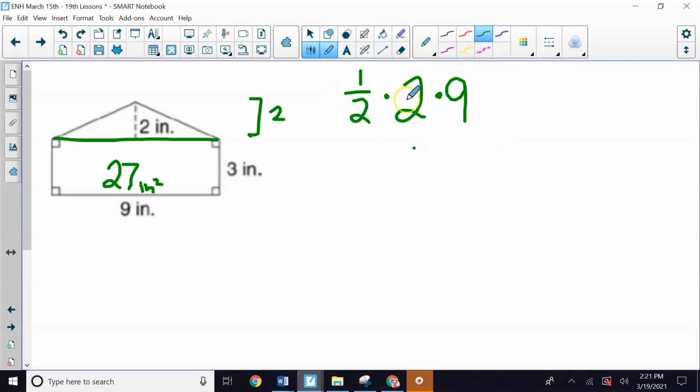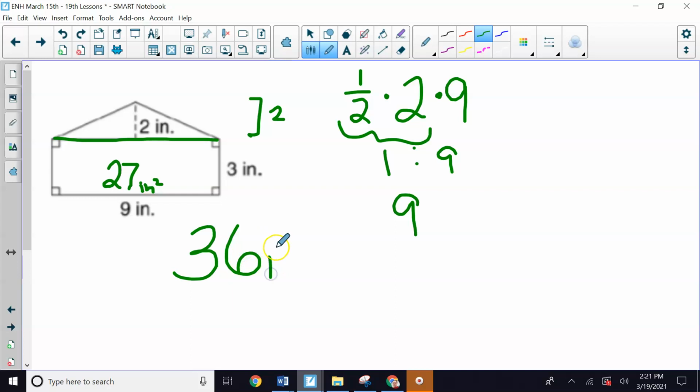So here we have 1/2 times 2 times 9, and this is the easy part. 1/2 times 2 is 1. So 1 times 9, that's going to be our triangle, 9. So let's add 9 square inches and 27 square inches, and we get 36 square inches. That's it.